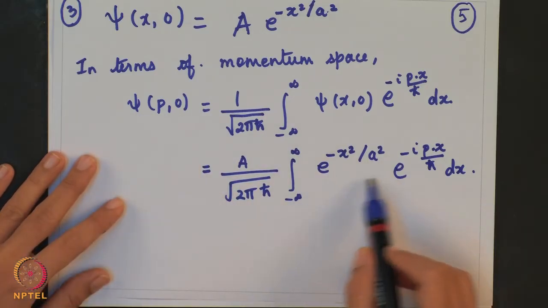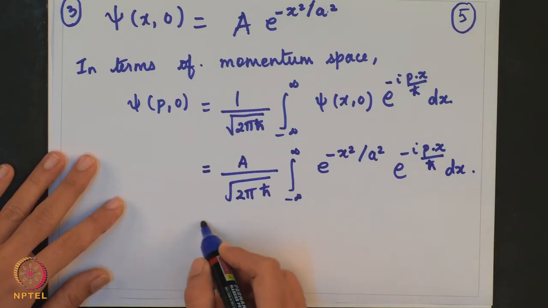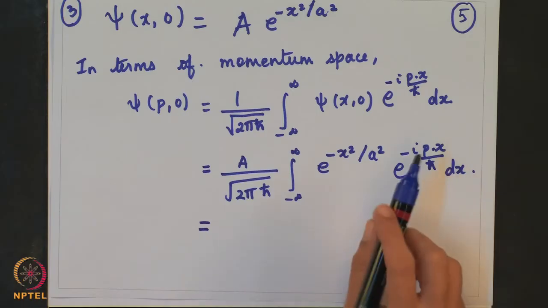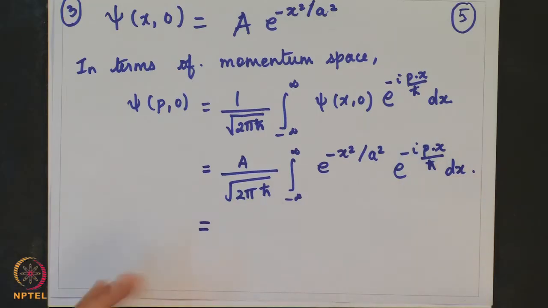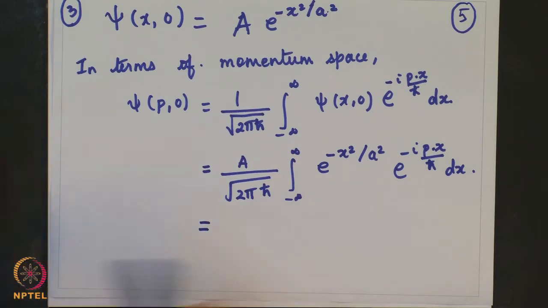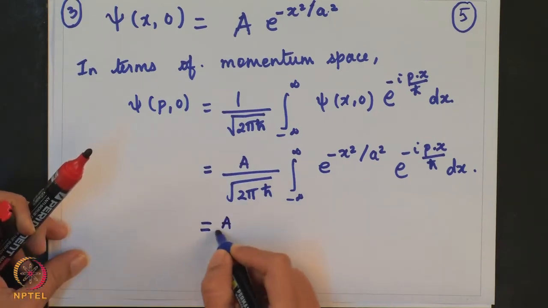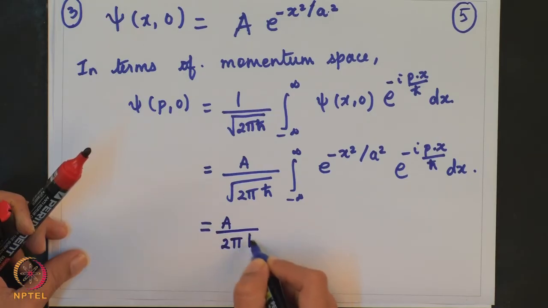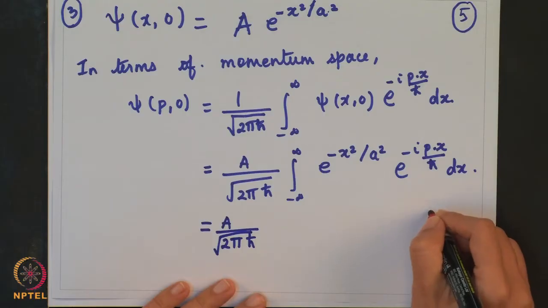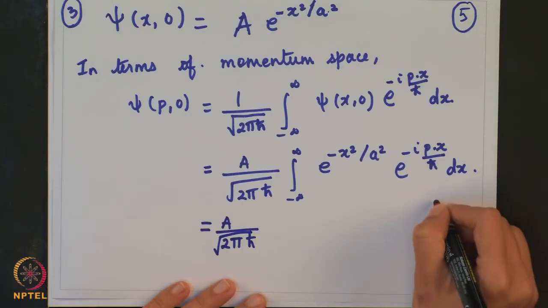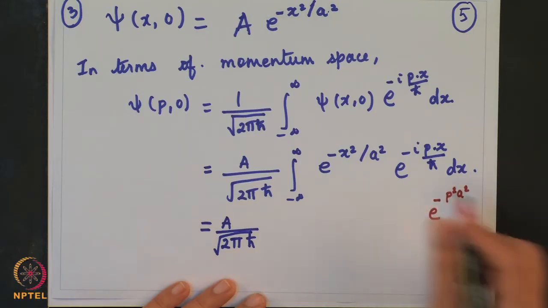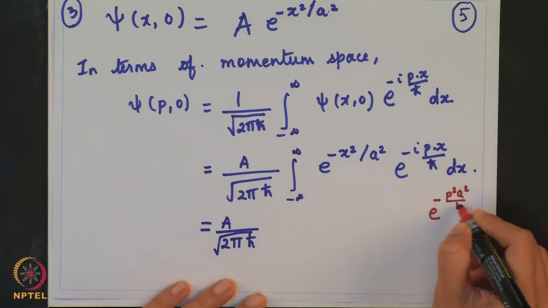Now, you have to evaluate this term. You will have to rewrite this in the form of a complete square, so to this we add and subtract the term e raised to I p square a square upon h cross square.